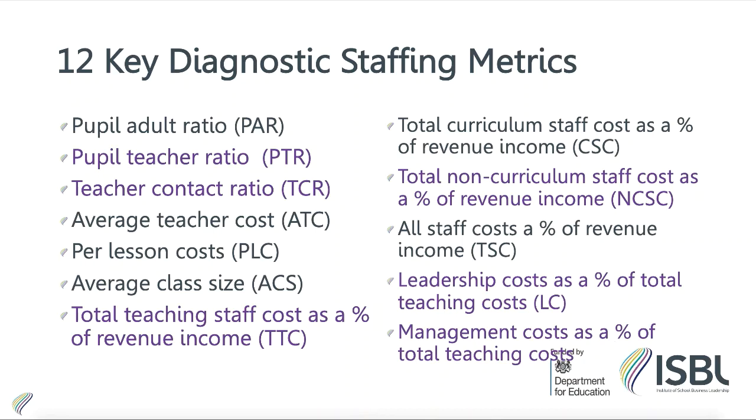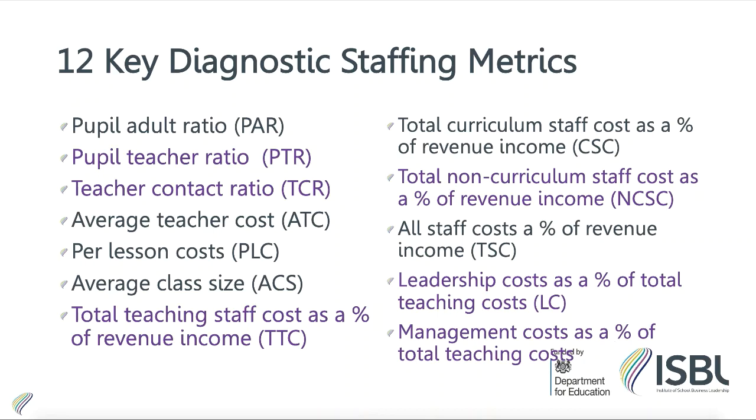So we mentioned earlier that ICFP is a tool using numerical analysis. So what are they? Well, there are a number of metrics available to organisations. However, the 12 that we believe are the starting point are listed on the screen now.